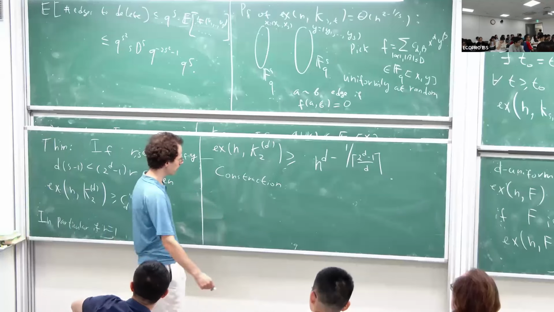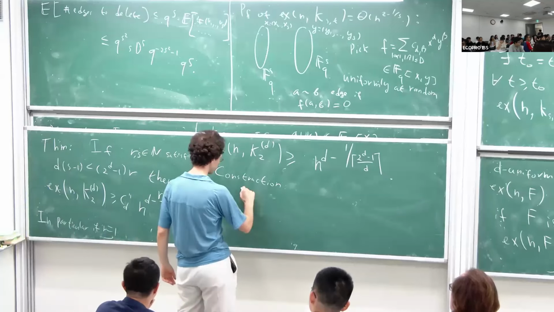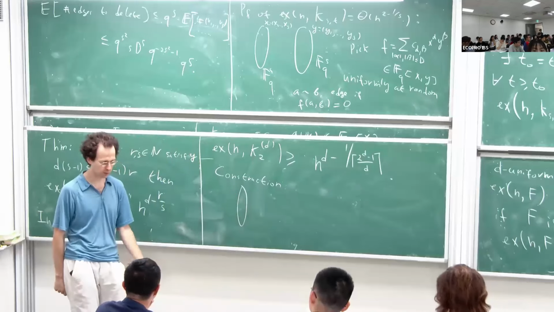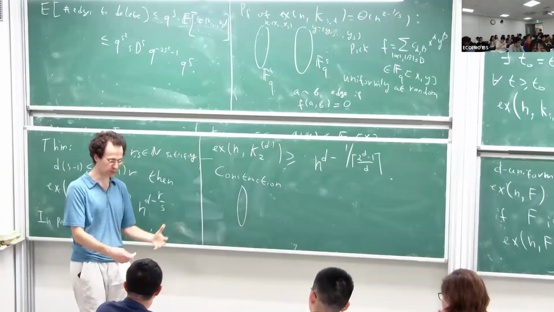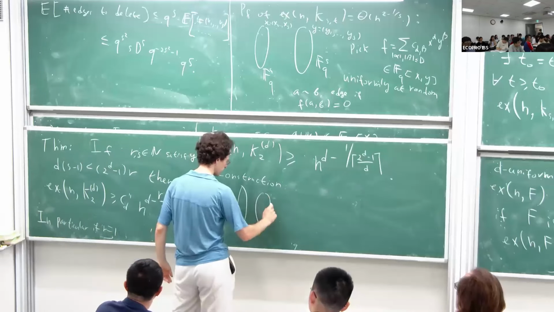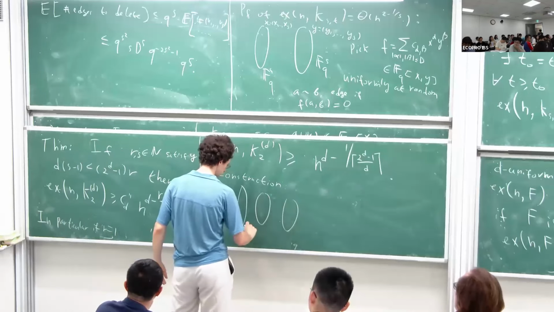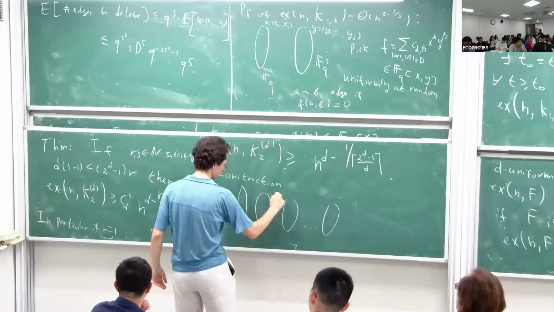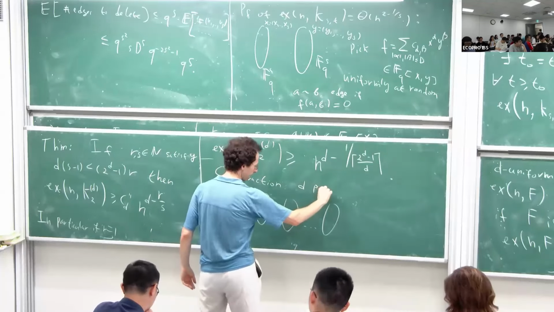The construction will be d-partite. Much like for graphs, where our constructions were bipartite, this will be d-partite because we are working with d-uniform hypergraphs. So d parts.